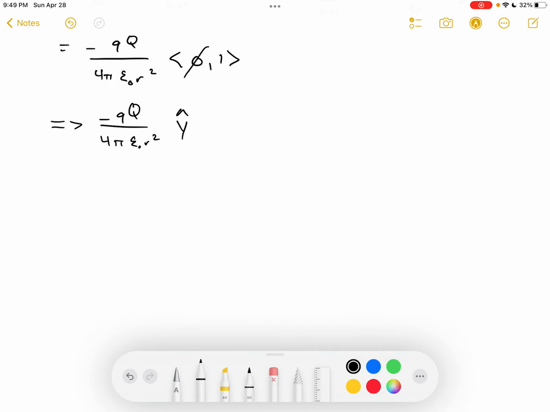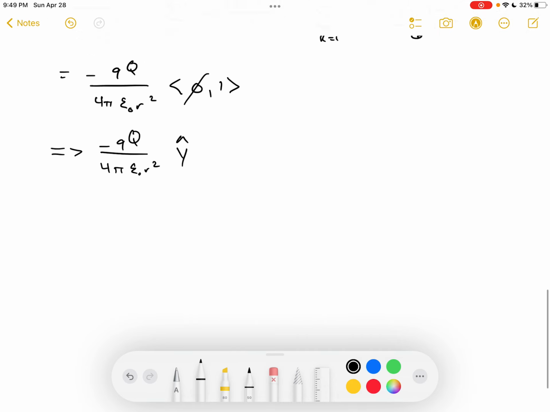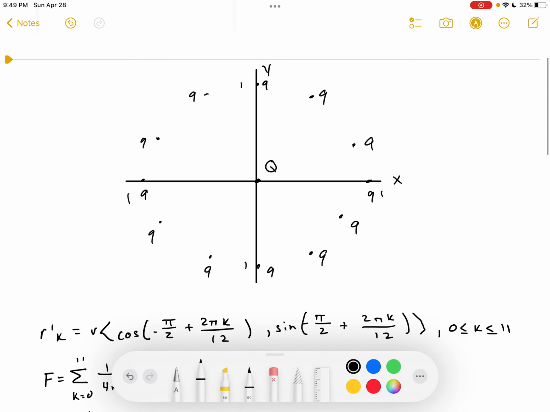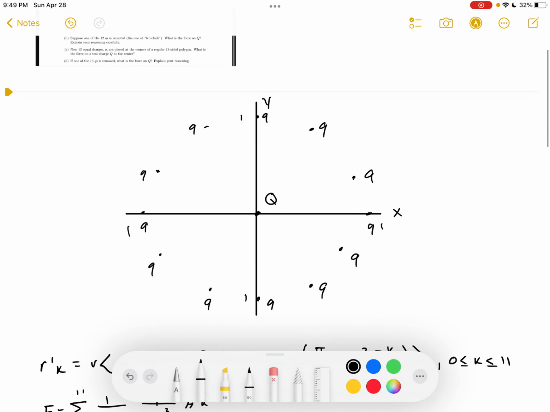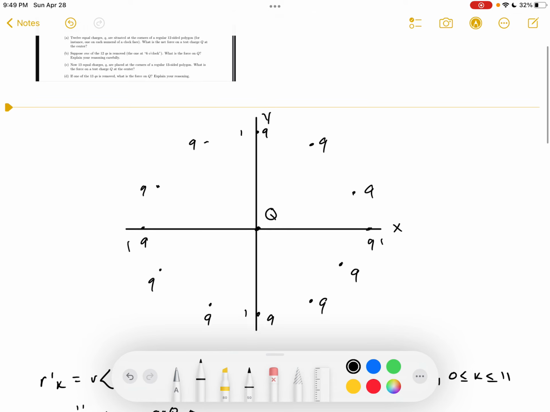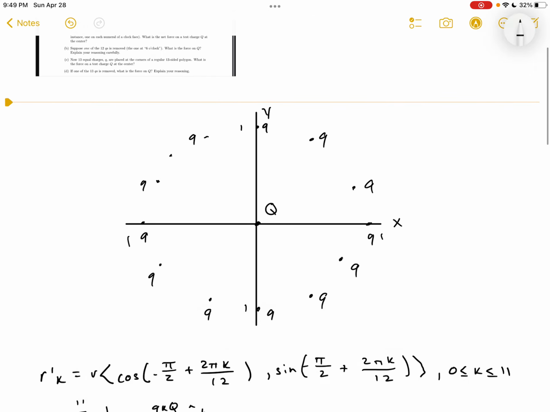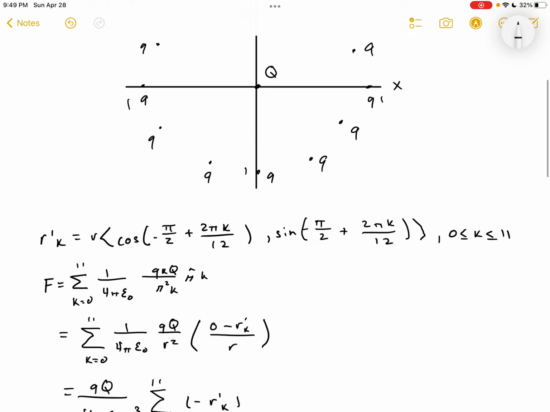Now suppose we had 13 charges instead of 12, so we can add an extra charge q here.